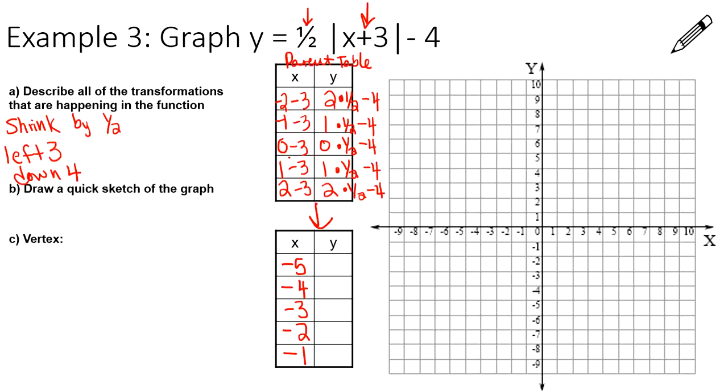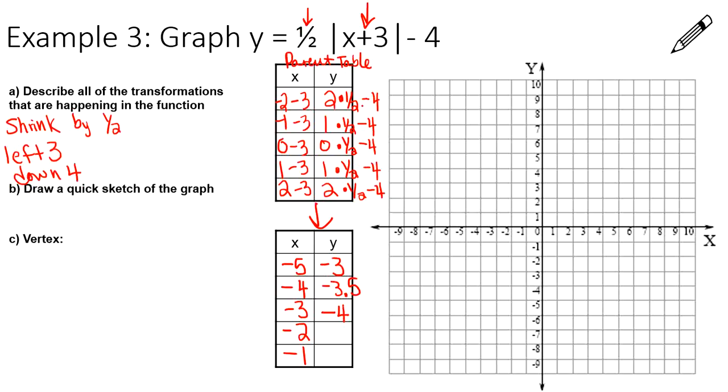Okay, now we're going to do the y. So 2 times 1/2 is 1. 1 minus 4 is a -3. 1 times 1/2 is 1/2. 1/2 minus 4 as a decimal is -3.5. 0 times 1/2 is 0. 0 minus 4 is going to be a -4.